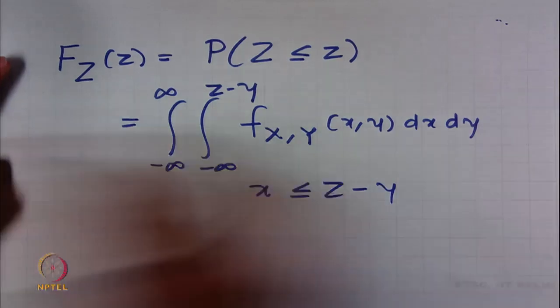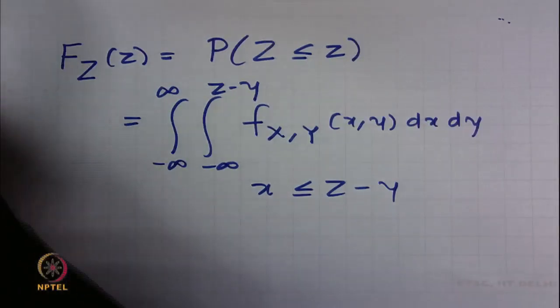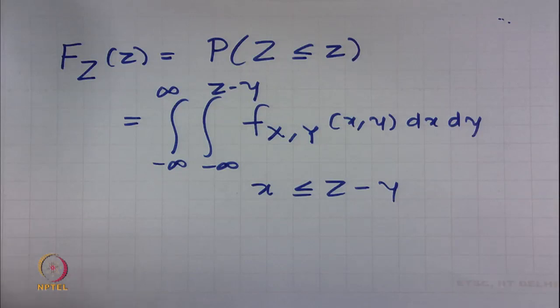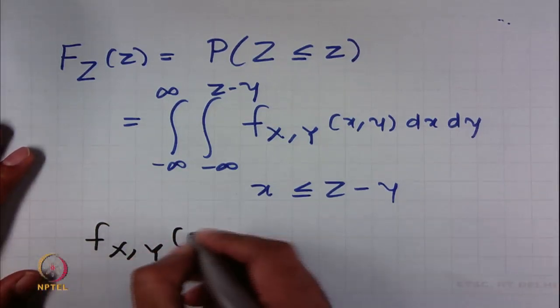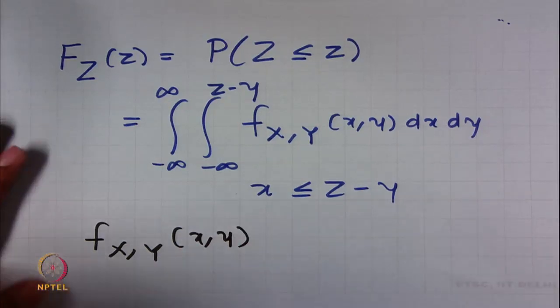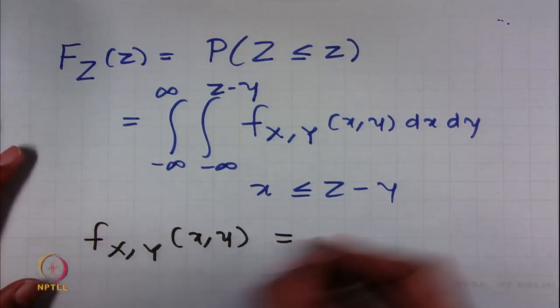Now, to simplify this, I can use the idea that these two random variables are statistically independent, and if two random variables are statistically independent, the joint PDF is the product of their marginal PDFs.